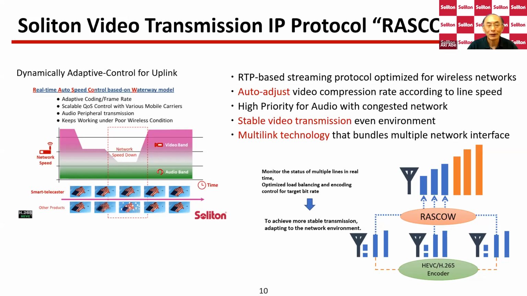But based on this, we have our own algorithm to analyze which individual mobile network is connected, whether it's in good condition or not. So we sort out the packets, and based on this, we also take care of every bit rate, whether it's low or high. We smooth it out, transfer the video packets and deliver them to the decode side.